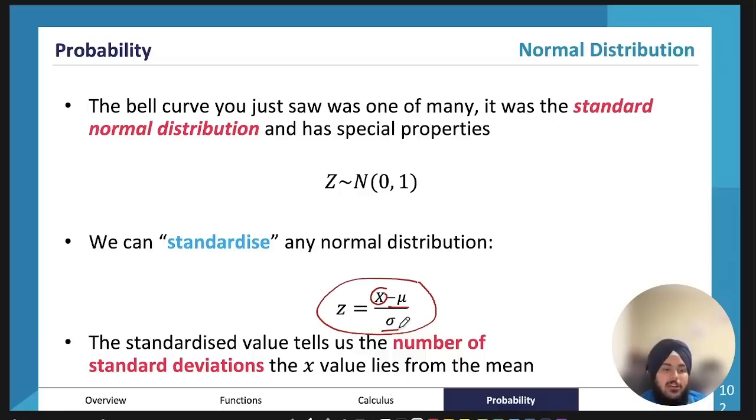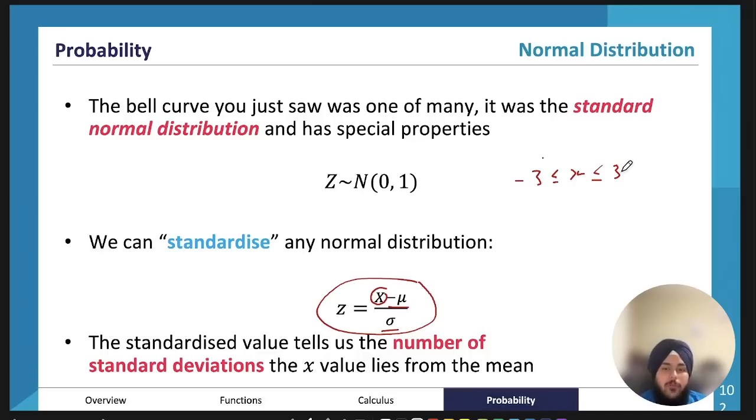This way we can standardize the value, and we will get something usually between -3 and positive 3, and that will tell you where your data is sitting. So if you get -1.2, that will tell you that your data is 1.2 standard deviations below the mean of your data.